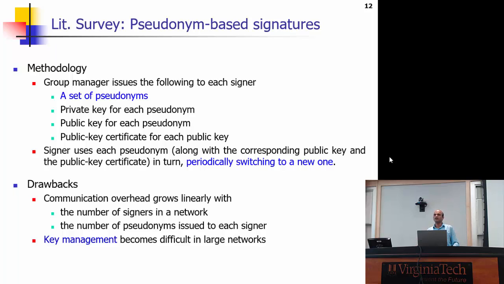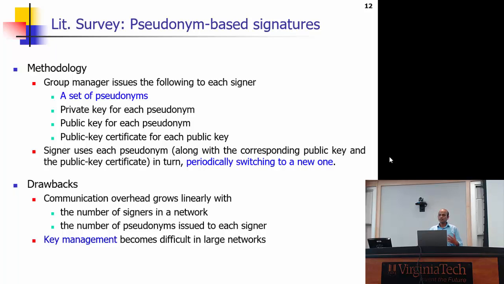So this is a very intuitive idea of preserving privacy, that you give 365 identities. Now in order to make this authentication possible, you also need to give it 365 private keys and 365 public keys. I will not go into the details of these keys, but it is just there to show that you need to provide a lot of information to the signer if you use this idea.